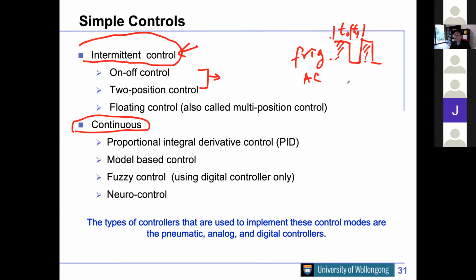For your air conditioning, it's the same thing. If you tune the temperature, it just means your AC is working longer or shorter, instead of your AC outputting different values. So in this situation, we use intermittent control: on-off, two position, or floating control.